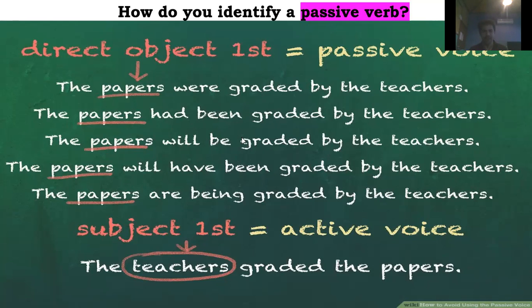All three of these sentences mean the same, but they've just been said differently. If I say the papers were graded by the teachers, that's the past tense of a passive voice. If I say the papers had been graded by the teachers, that is the simple past, still with the passive voice.